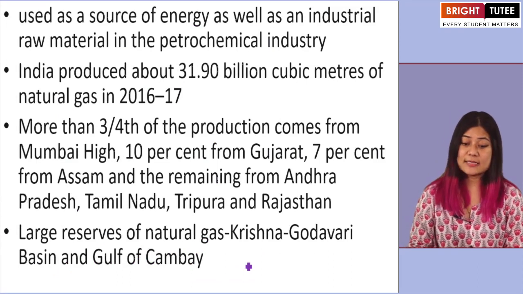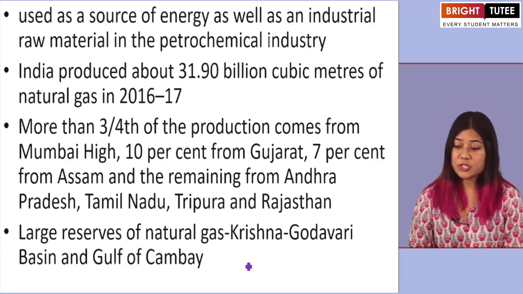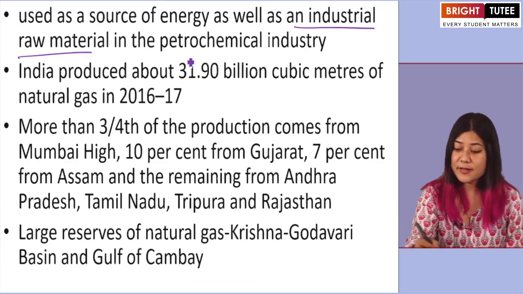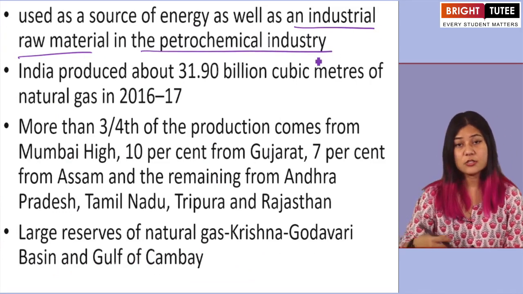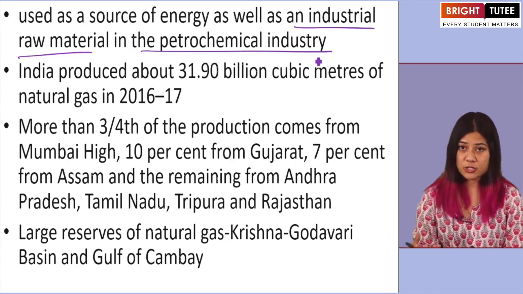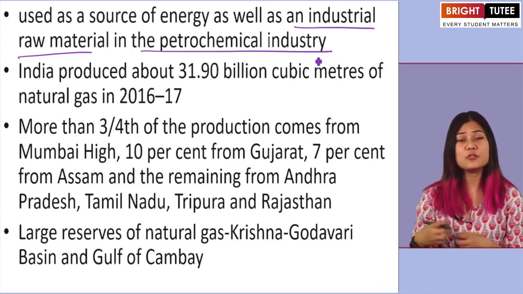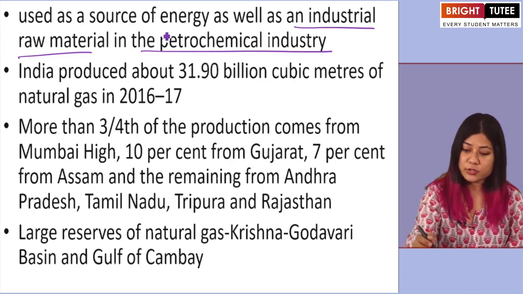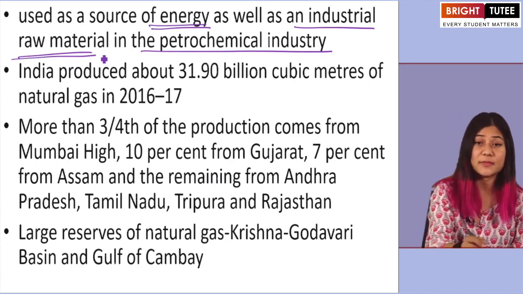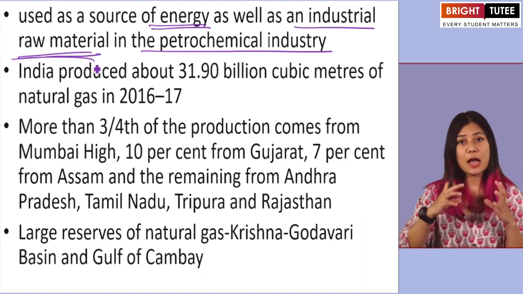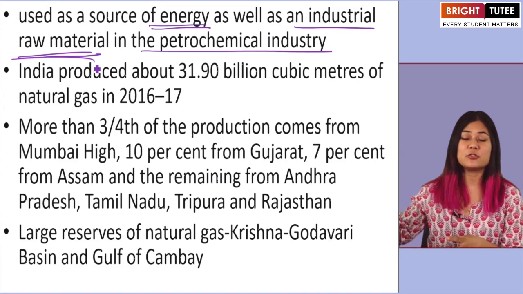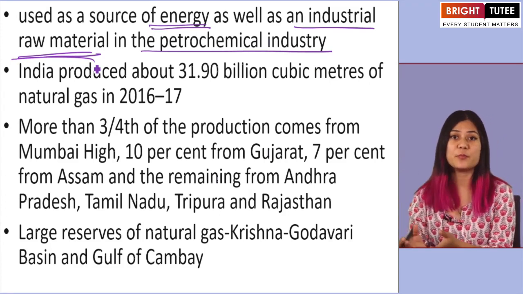So natural gas is used as a source of energy as well as an industrial raw material in the petrochemical industries. Like crude oil, natural gas is also used as a source of energy and as a raw material. Raw materials are those materials which are manufactured to form a finished product.